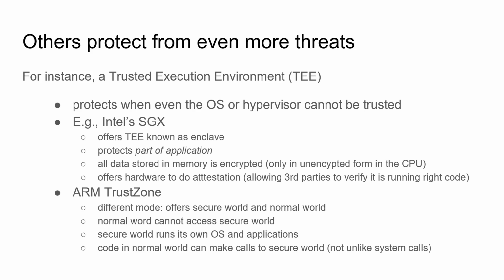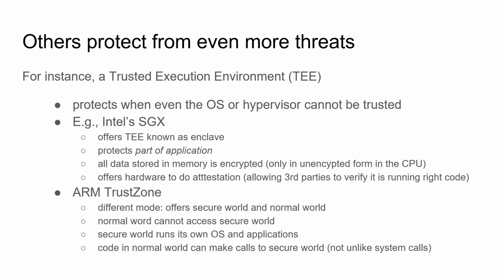And here in Intel's SGX, you basically run a trusted execution environment, which is an enclave. You can run part of your application in this enclave, and the hardware tries to protect this code from any interference, anything that the attacker could do from the operating system.